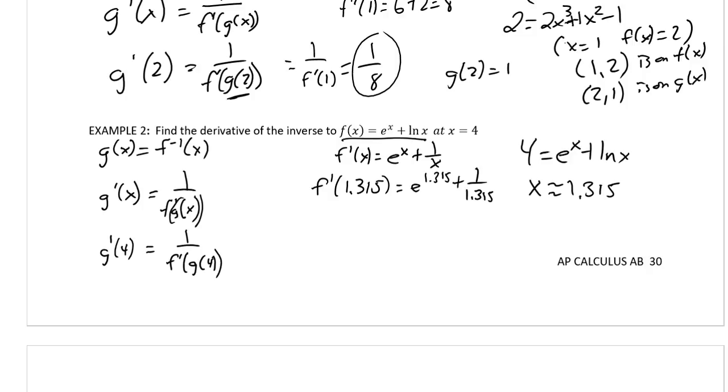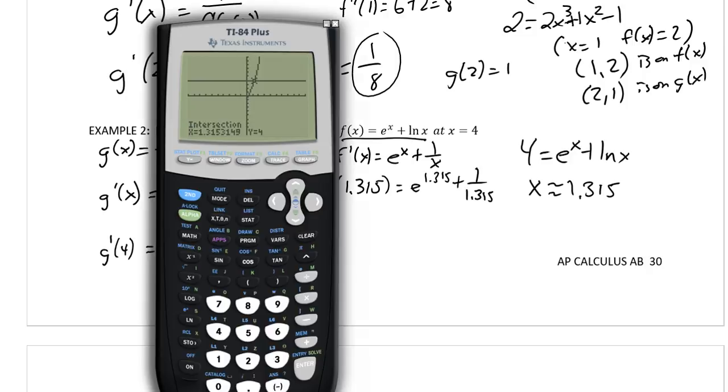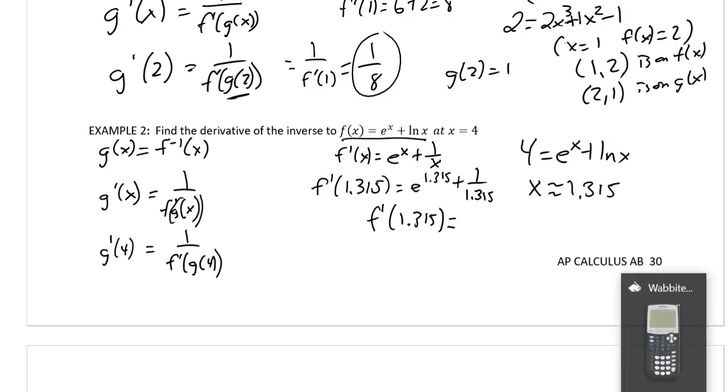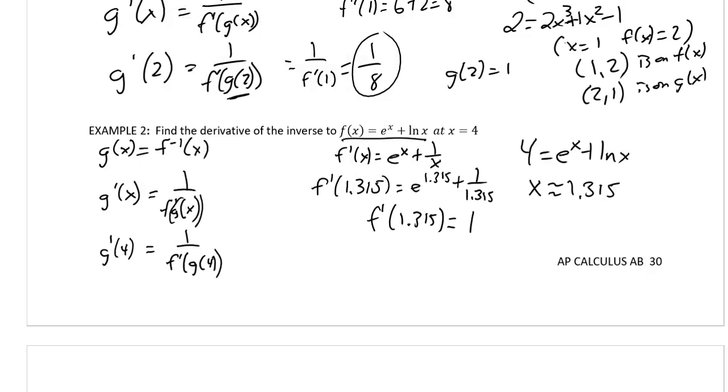So we have e to the 1.315 plus 1 divided by 1.315, and we get f prime of 1.315 equals 4.485. And then so this of course is 1 over f prime of 1.315, which is 1 over 4.485. You can leave it that way. You can also divide it. Okay. Get a separate decimal from there.